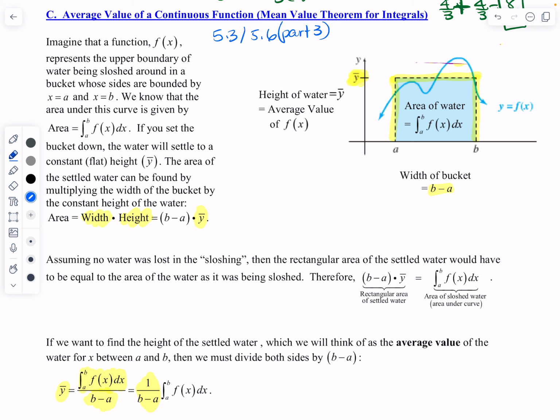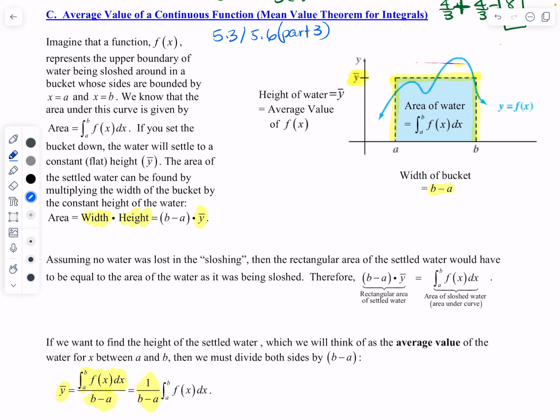Okay, so assuming that no water is lost in the sloshing, then the rectangular area of the settled water would have to be equal to the area of the water that is being sloshed. So therefore, b minus a, which is the width, times the height, which is y bar, is equal to the integration from a to b of the function f of x dx.